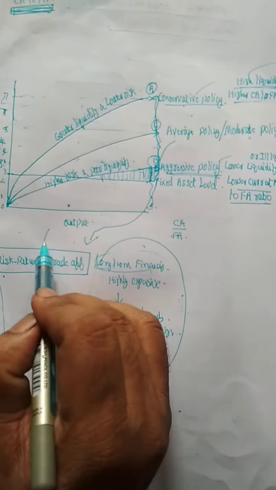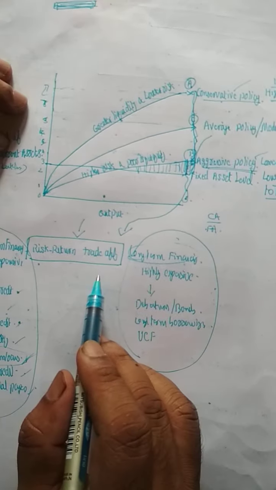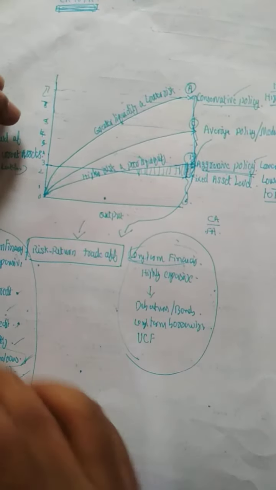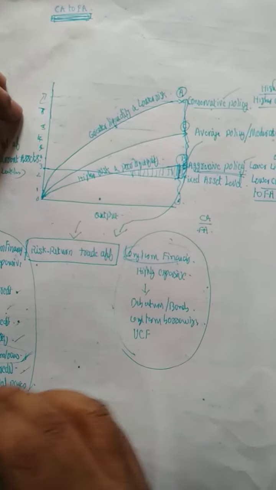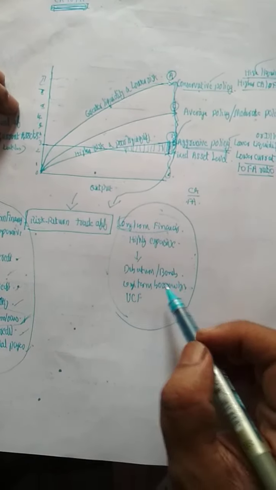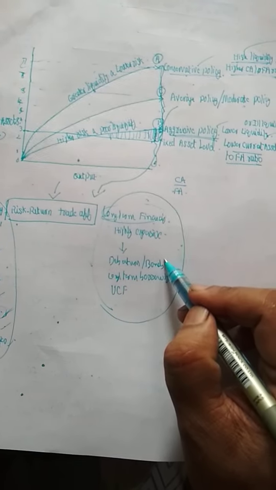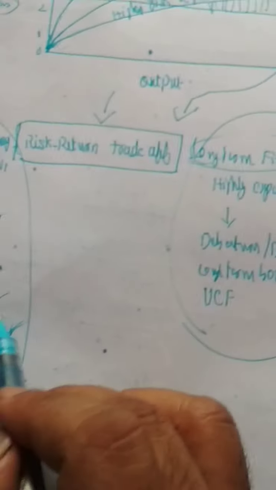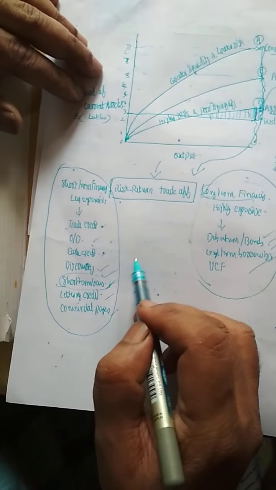Because based on the risk return trade-off, the firm may choose which financing to depend on, whether short-term financing or long-term financing. Long-term financing is highly expensive because we have to pay more interest for the debentures and long-term borrowings, whereas short-term financing like short-term loans carries less interest.